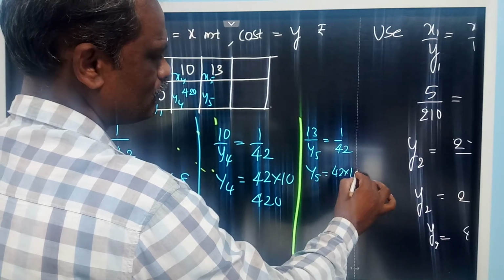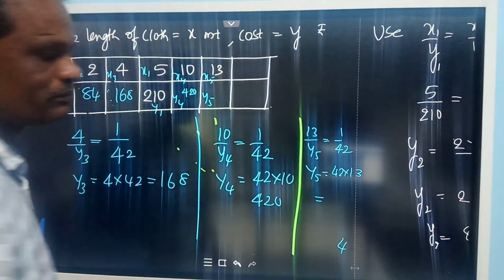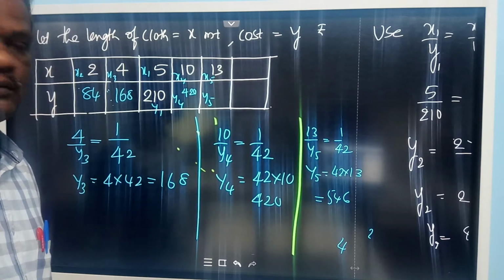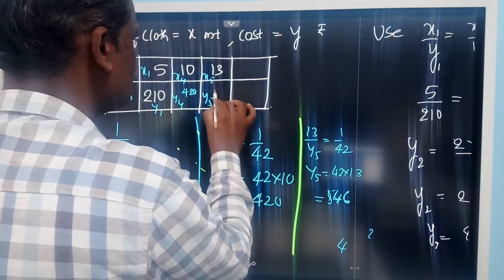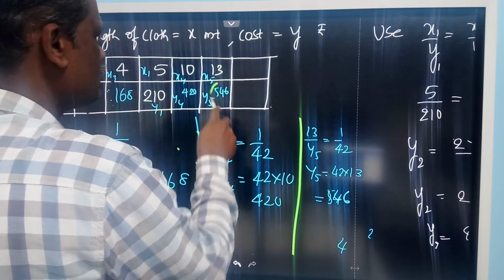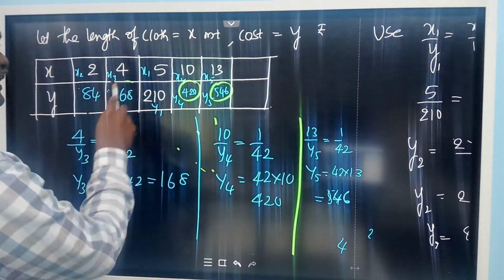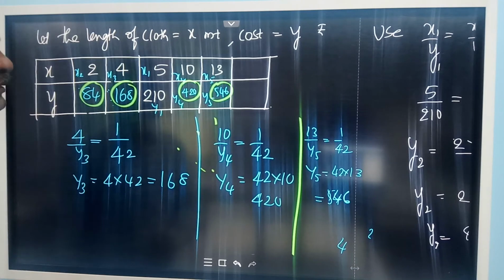Multiply this. What is the answer? Okay, this gives you 546. So you got all the values: 546, 420, 168, and 84. Any one missing value can be calculated using the direct proportion property.